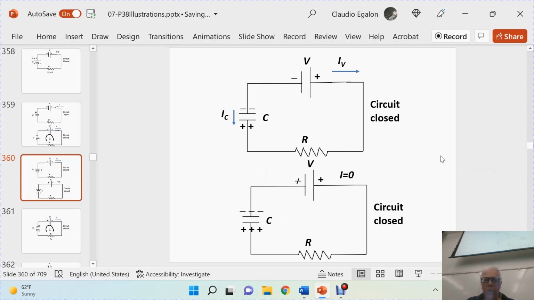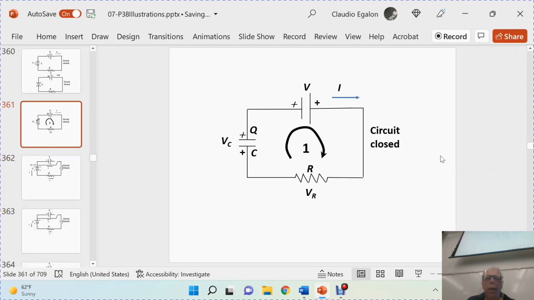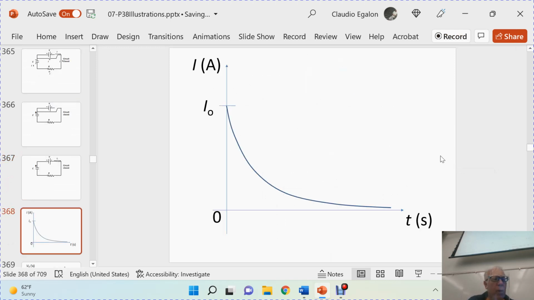Okay, negative. Let me see if I have a... I don't have it. Yeah, I have to do that. Let's see if I have it somewhere. Oh yeah, that's how the current decreases. It decreases exponentially. I need to place this elsewhere.